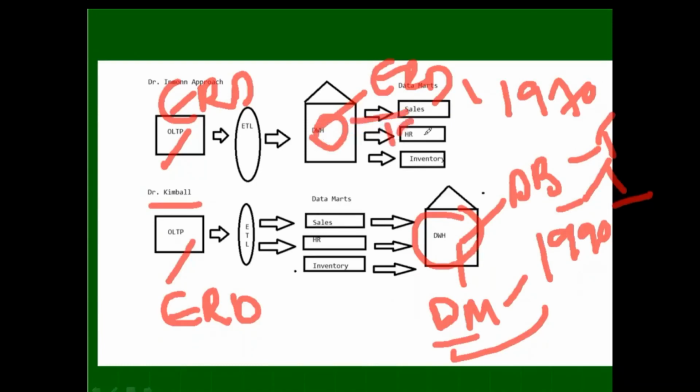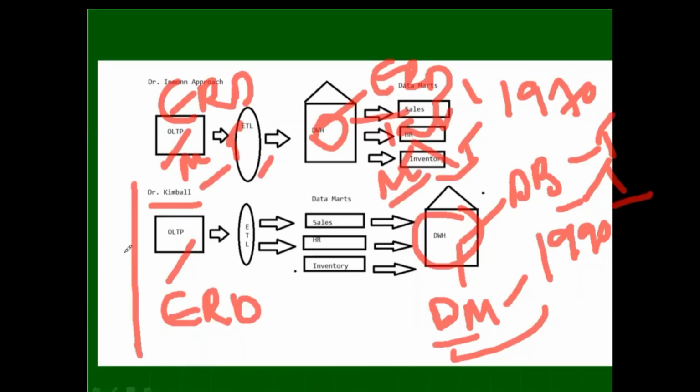What kind of tables are these? These are called master tables and transactional tables. In ERD we will say master tables and transactional tables. Tomorrow we'll talk about what is a master table, what is a transactional table, what is a dimension table, what is a fact table. All these things we'll discuss in tomorrow's class. Clear? So these are the two differences.